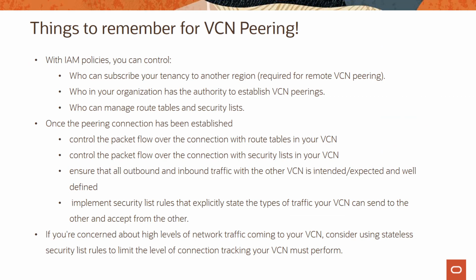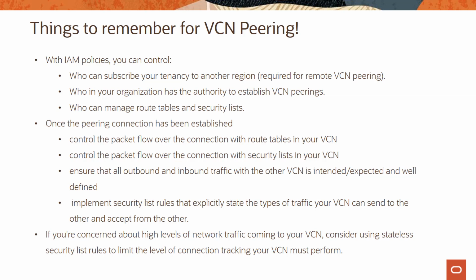So now let's have a look at some of the important things with regards to VCN peering. With IAM policies, you can control who can subscribe your tenancy to another region, who in your organization has authority to establish VCN peerings, or who can create or modify rules in route tables and security lists. Once the peering connection has been established, you can also control the packet flow over the connection with route tables in your VCN.